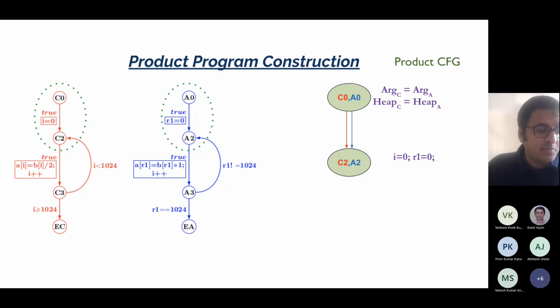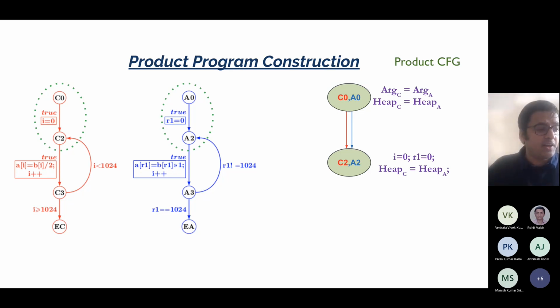For example, in the current product CFG, we can be sure that whenever control reaches C2A2 through the lockstep execution of both programs, the variable i in the first program will be 0, and the variable R1 in the second program will also be 0. In addition to i and R1, we can also infer that the heap states were identical at C0A0, and so they will remain identical at C2A2.